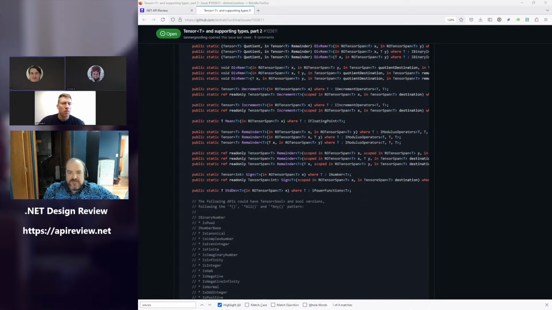But mean is one that is prominent in all of the ML learnings, and so it's needed for tensor in particular. So I just wanted to call out that it and standard deviation only exist on tensors with this proposal, and they can't exist for scalars because they're nonsensical there.